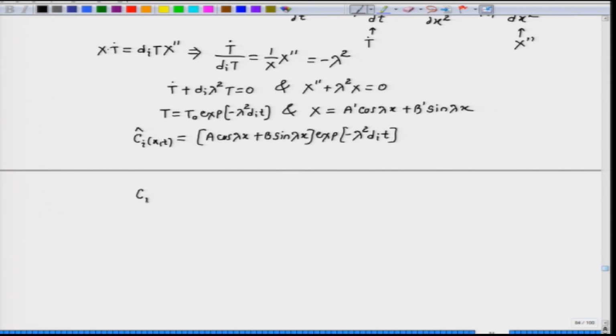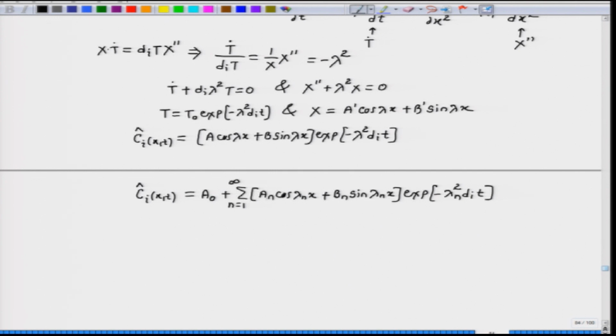So, I can write ψ̂(x,t) as the summation of an cos λn x plus bn sin λn x times exponential minus λn² D t, plus a term a0.